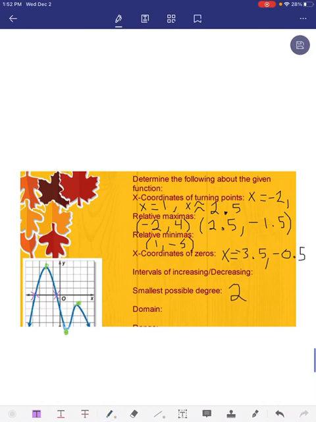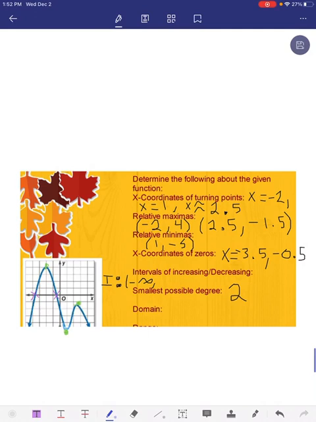Then we also need to state our intervals of increasing and decreasing. So notice that we would be increasing. And when we talk about increasing and decreasing, we're going to be talking about x values. So we're going up or getting higher y values as we go to the right from the beginning of our graph. So we're going to say that that is negative infinity.